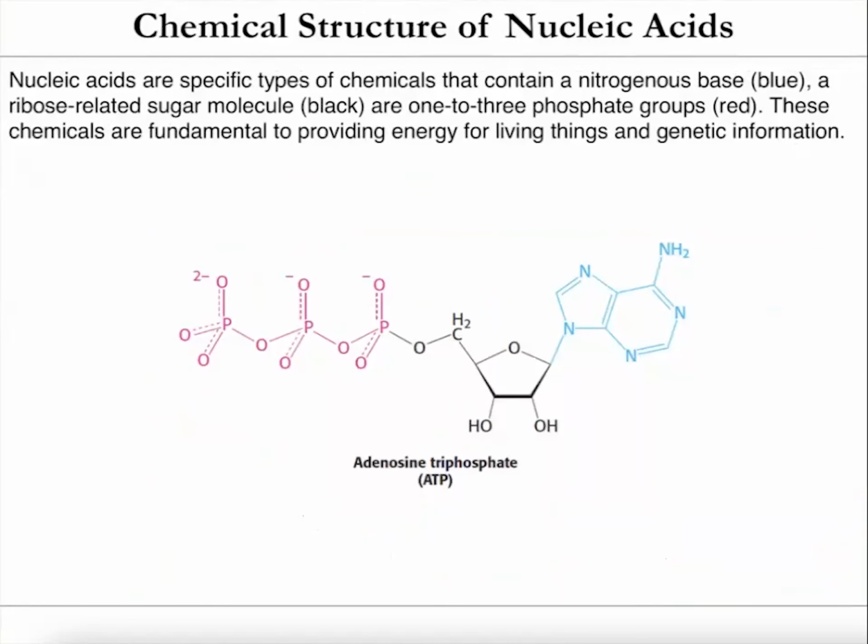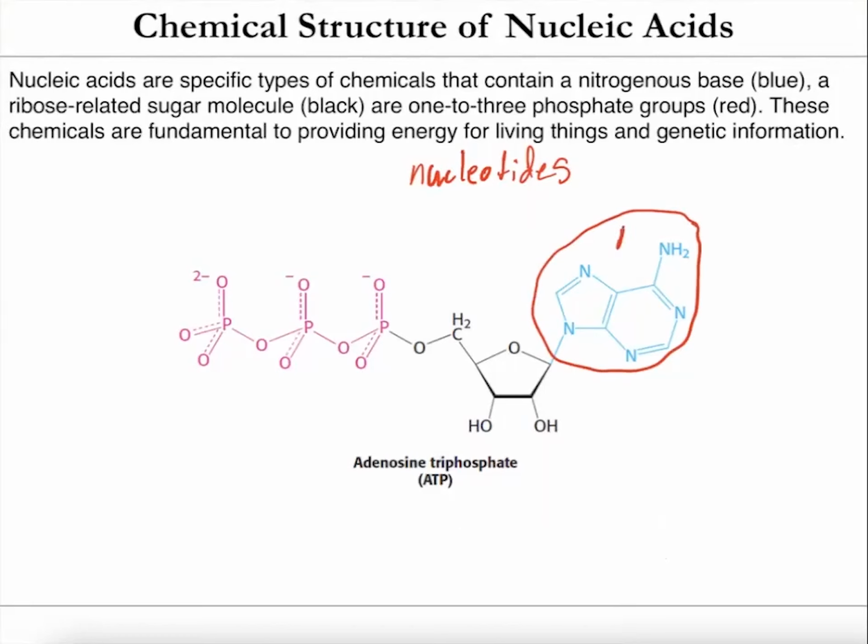Now, the next class of molecules that we're going to talk about are nucleic acids. And so these are chemicals like DNA and RNA that are built up from these molecules, actually called nucleotides. And so nucleotides have a very characteristic chemical structure that basically comes in 3 parts. So the first part is right here.